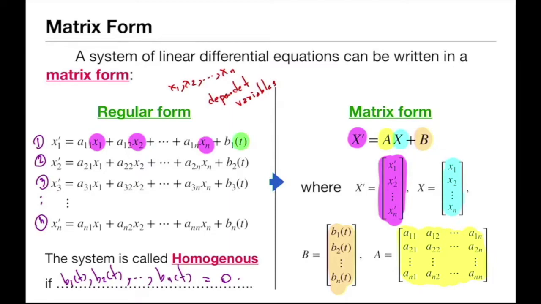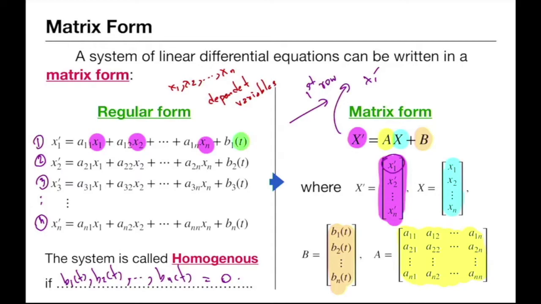So if you look at the first row, you would get x1 prime, right? Because it will be the first element of x prime.